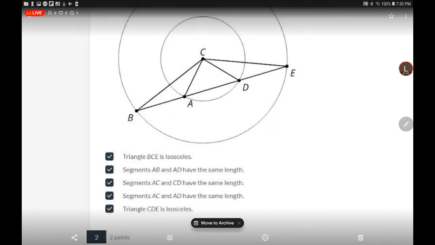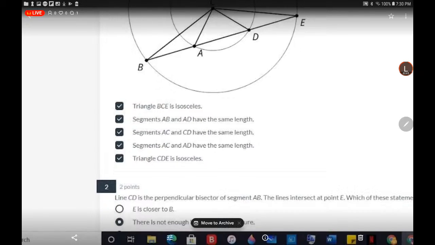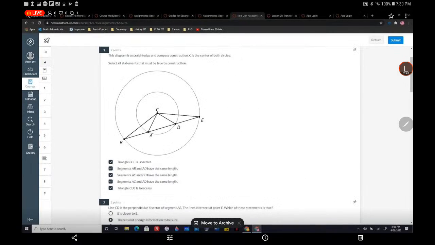AC and AD, no, we don't have a reason to think they're the same. CDE is isosceles. No, I don't think we have any reason to know that either. So there you go. Let's look at the next one.